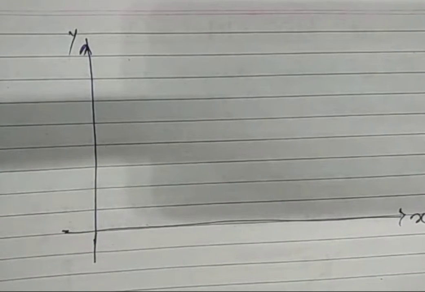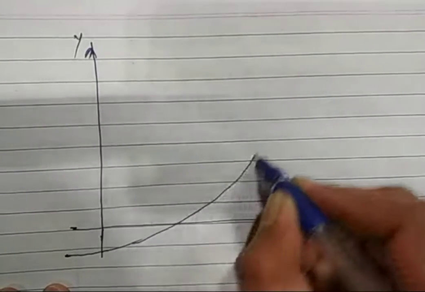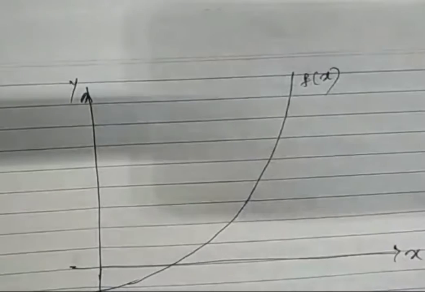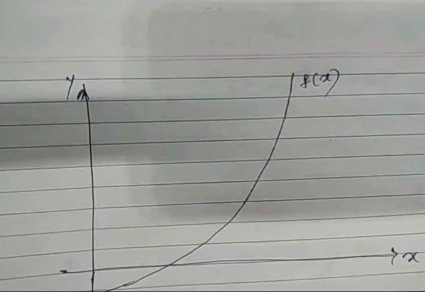Let us consider the x-axis and then the y-axis. Suppose we have been given an equation in the form of f(x). For the given f(x), if I draw the curve, consider here one curve, and this curve is for the given equation f(x).